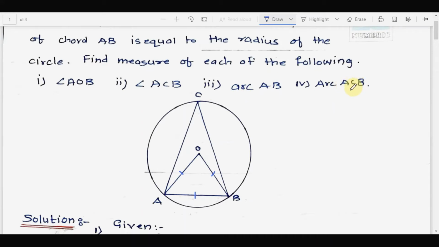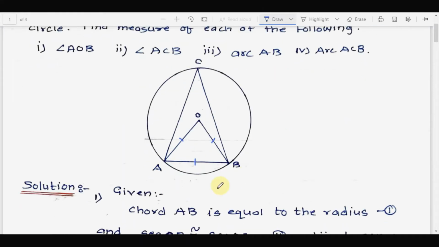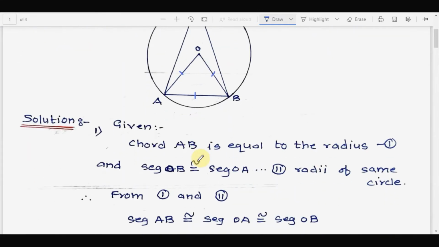Now let us start. What is given to you first? Given is chord AB is equal to the radius. We have shown it by the dash. Therefore segment OB is congruent to segment OA, which is equation number 2, radii of the same circle.